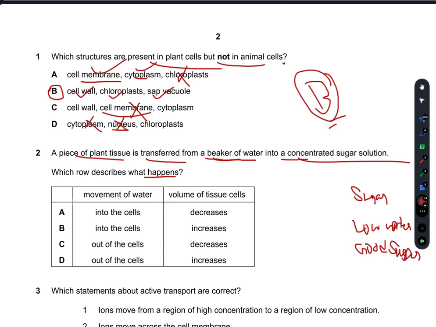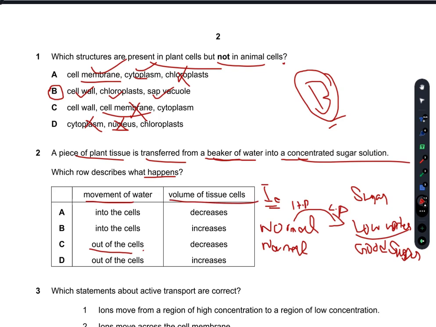The initial container, the water is normal and the sugar concentration is also normal. Now it is being transferred to an area where there is low water. Water will move from higher potential to lower potential, on the principle of diffusion. So the movement of the water would be out of the cells, and as the water moves out of the cells, definitely the volume will decrease. So C is the right option.